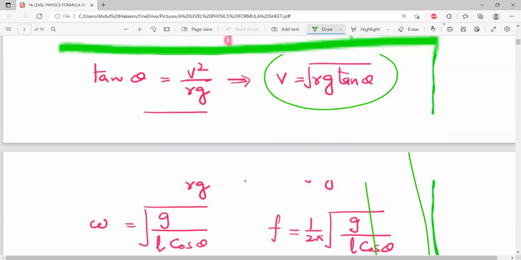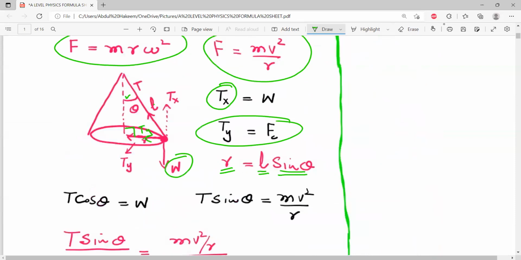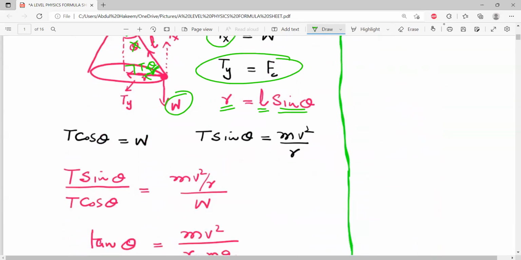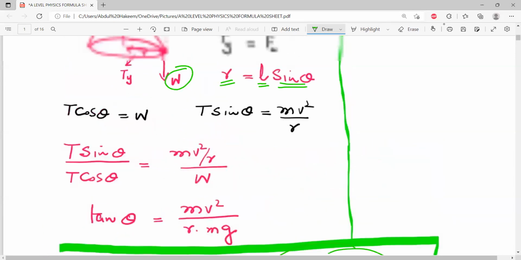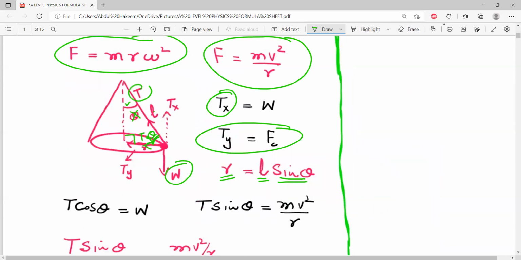But do remember, if this angle is given instead of this angle, then tan theta will be equal to rg over v square, because when this tension is resolved, this becomes the y component and this becomes the x component.